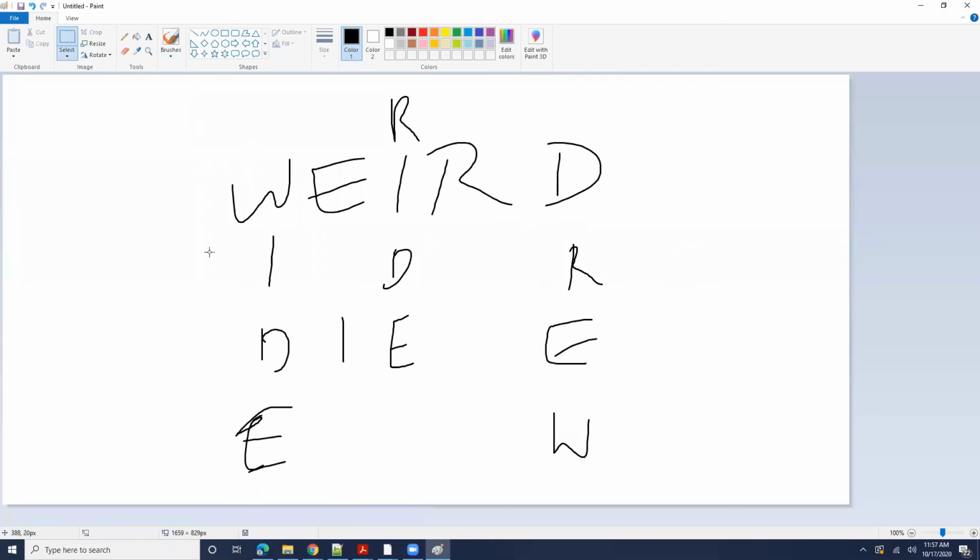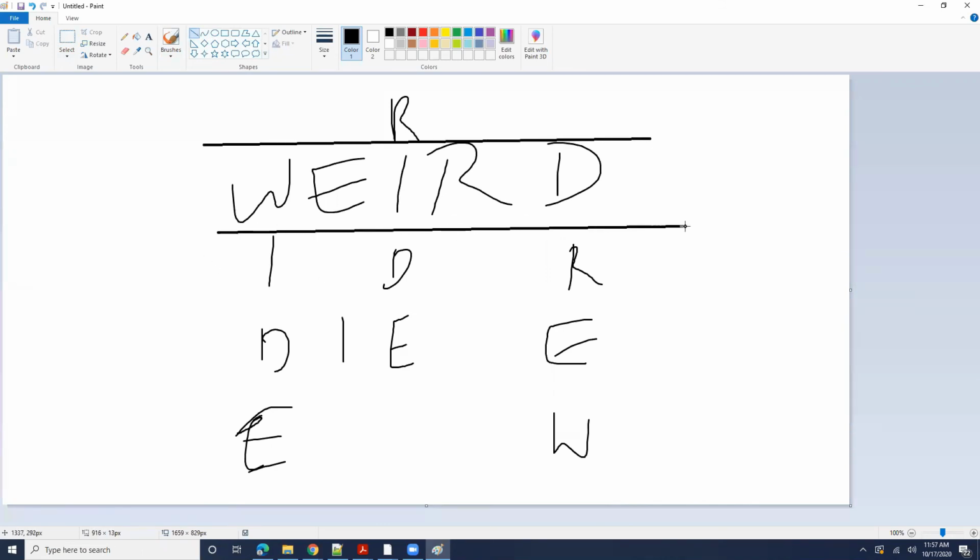So this is a 5 by 5 matrix now, right? Or a 5 by 5 array. For those of you who don't know matrices, this is just a 5-line array, or a 5 by 5 list, 5 rows and 5 columns.